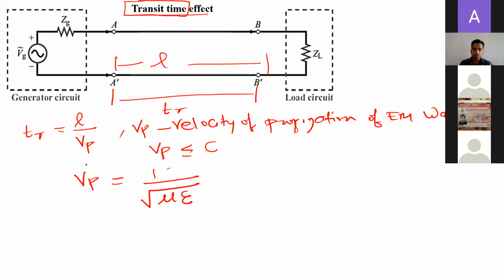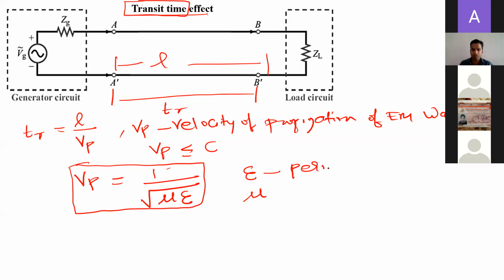Okay, so this is the basic formula for the velocity of the propagating wave, and you know epsilon and mu. These are permittivity and permeability, right?